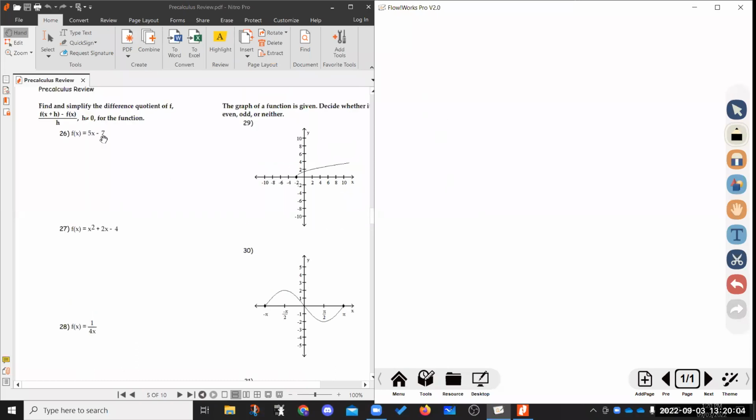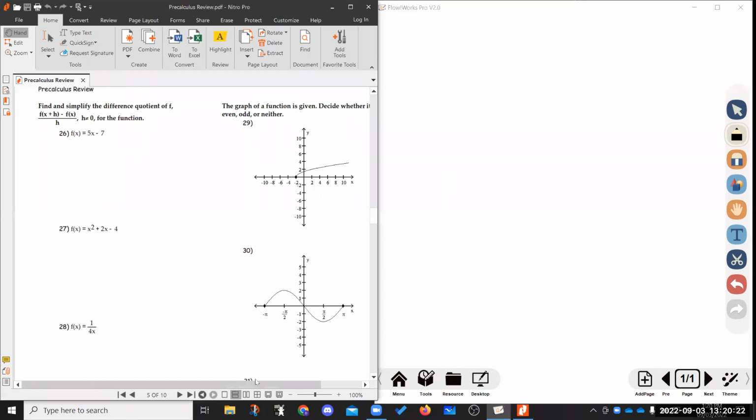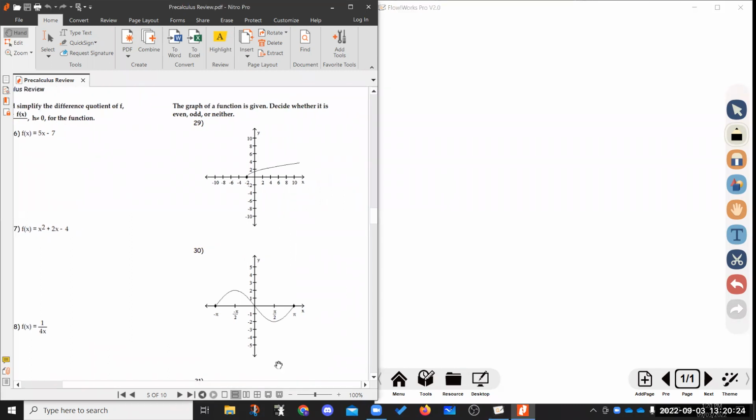So do not ignore this part because it looks hard. Practice this a lot. Practice doing it with rational functions like this, with polynomials. Practice it with radical functions where you have to rationalize the numerator. We talked before about that you were going to need to rationalize the numerator. This is when you're going to need to do that.